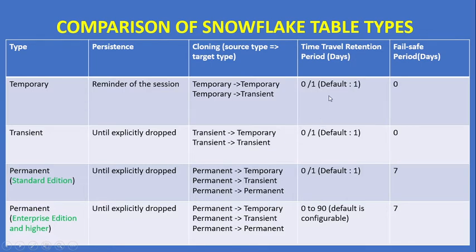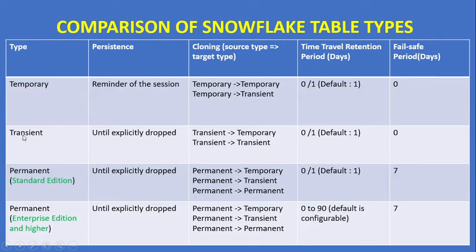The time travel retention period default is 1 if you don't specify. And if you specify the parameter time travel retention period as 0, then the time travel period will be 0 for the temporary table. And for the temporary table, fail safe period is not applicable. That means it is 0.